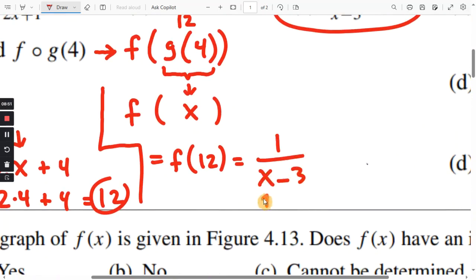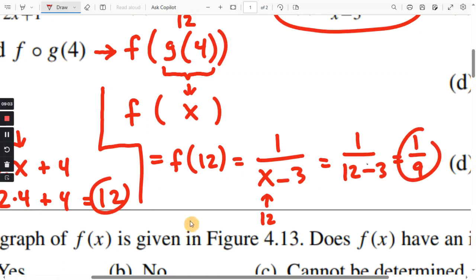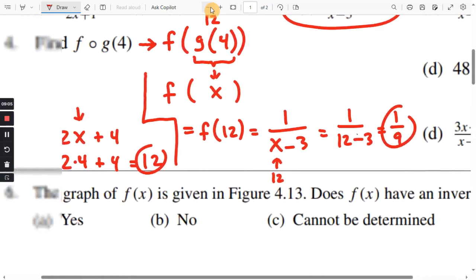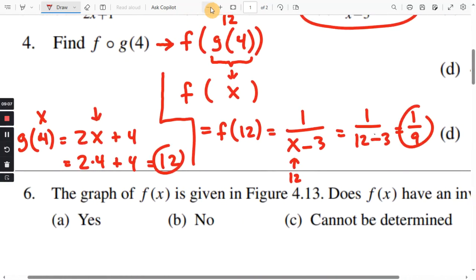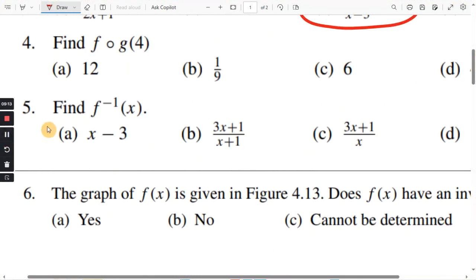And we're just plugging in 12 in place of x. So it's going to be 1 over 12 minus 3, which is 1/9. Final answer. So number 4, that is answer B.